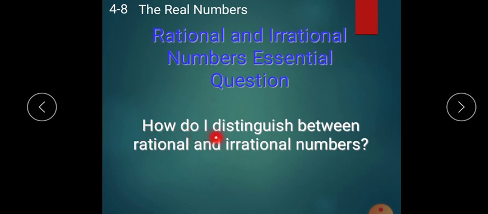Now the question is, how do I distinguish between rational and irrational numbers? Means how we can differentiate which numbers are rational and which numbers are not rational, that means irrational numbers.